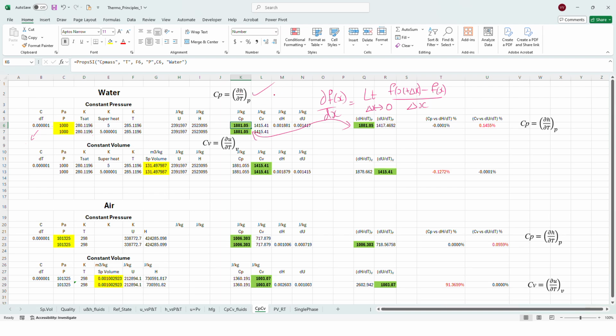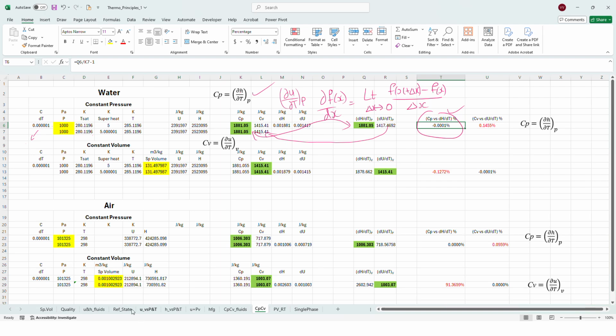But if we try to look at what happens to dU/dT at constant pressure, whether that will match, it seems like it doesn't really match that well, okay? Because it's 1414.79 and this is 1415, okay? So 1415 versus 1417. So it's not a good match, but this, which is what the theory is, seems to work well with CoolProp.